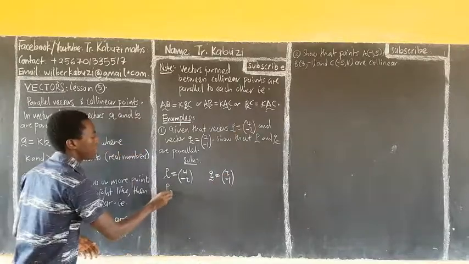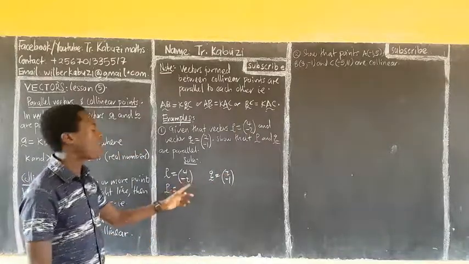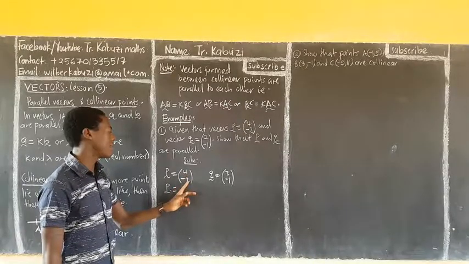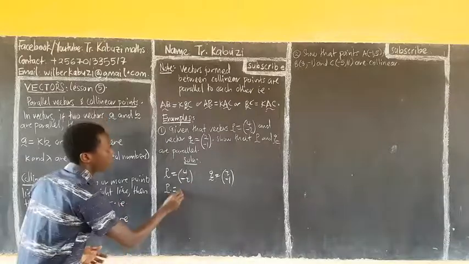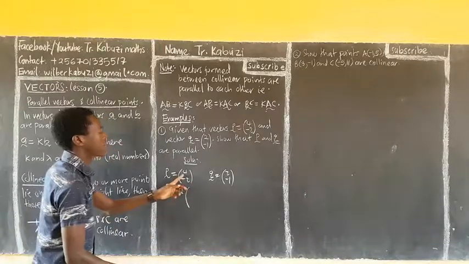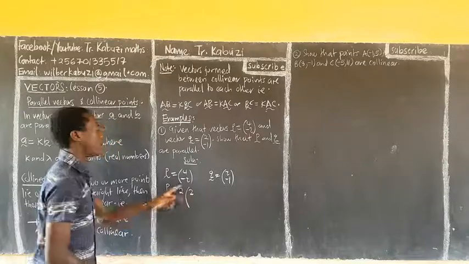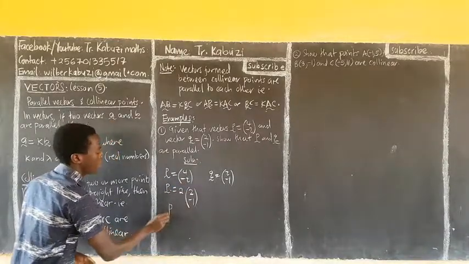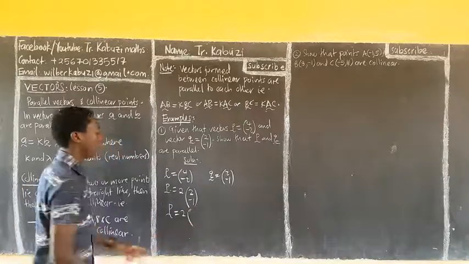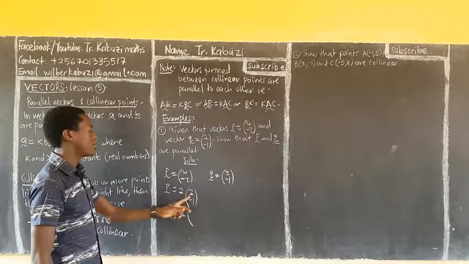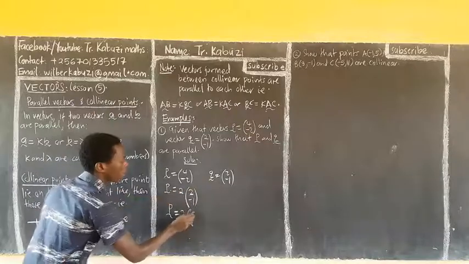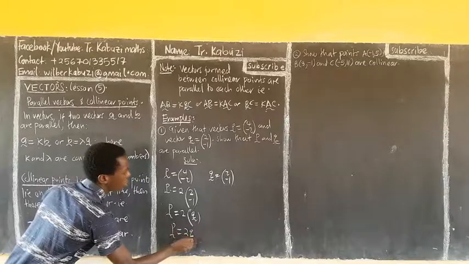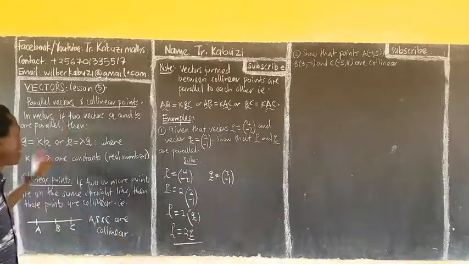Now, you always make sure that there is no common factor between these two. This one has a 2 and this one has a 2. So if you factorize out a 2, I'll be left with (2, -1). So your P will be 2 into (2, -1), but we have seen that the whole of this (2, -1) is Q. And so P equals 2Q. So our K this time is going to be 2.